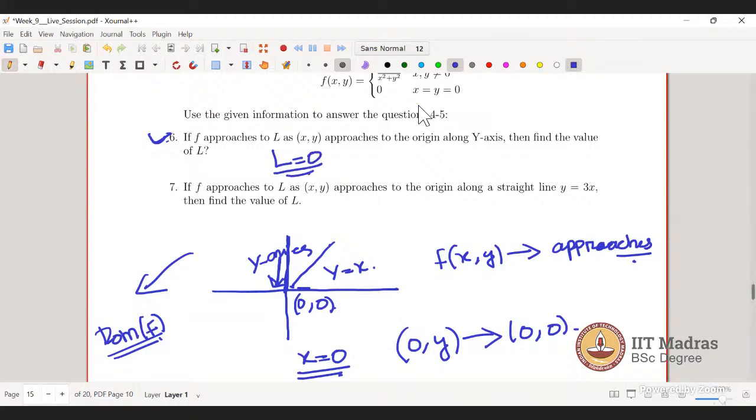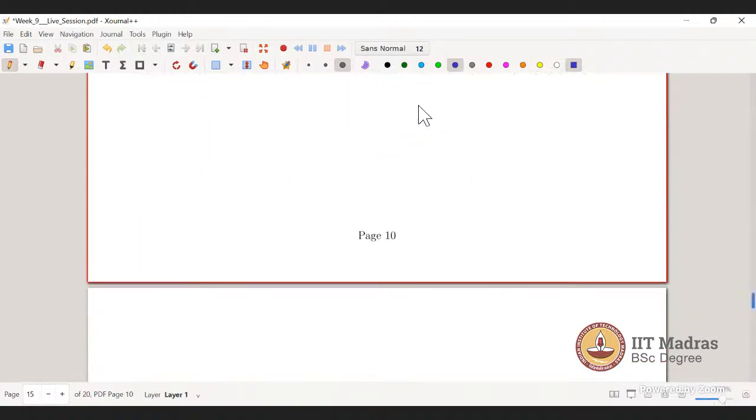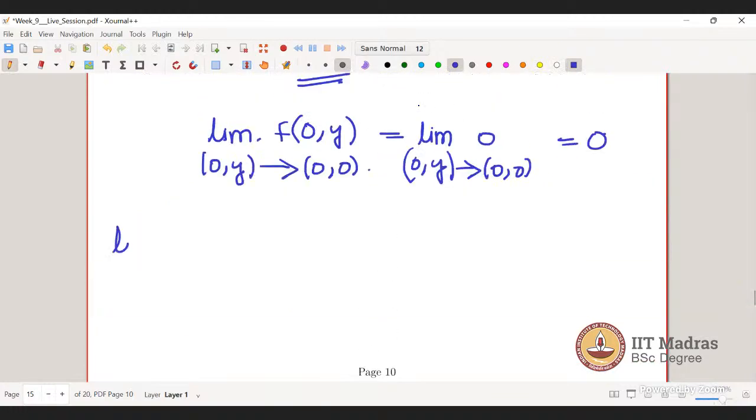The next question is asking what is the limit of the function when you are coming along this line y equal to 3x, right? Okay, so what do you want to compute now? The limit as (x, y) tends to (0, 0) of f of x comma y, but with respect to some condition.